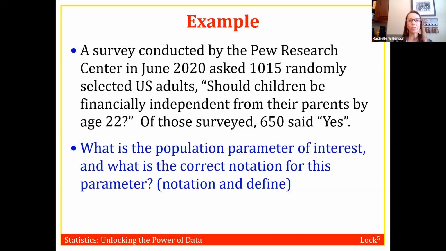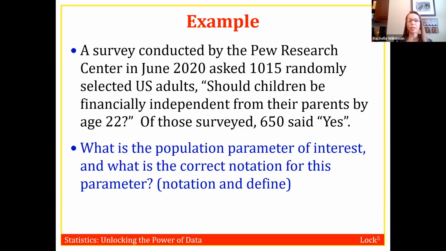So let's start with this one. Let's start on the correct notation. So thinking about parameters here. Looking at what I measured, did I measure a categorical variable or did I measure a quantitative variable? Okay, categorical variable, right? So think about the individuals, the US adults. They asked the US adults, should children be financially independent by age 22? Okay, and the people said either yes or no. So that's going to be a categorical kind of variable.